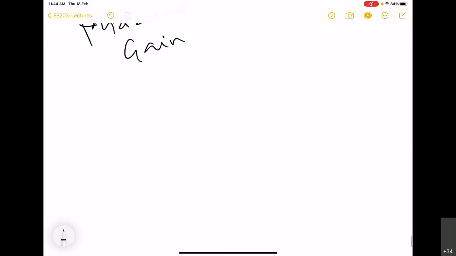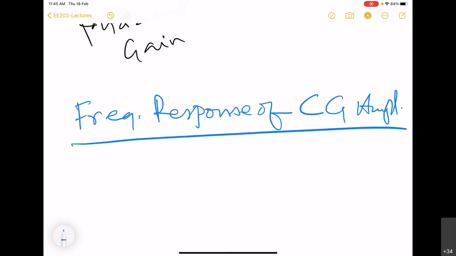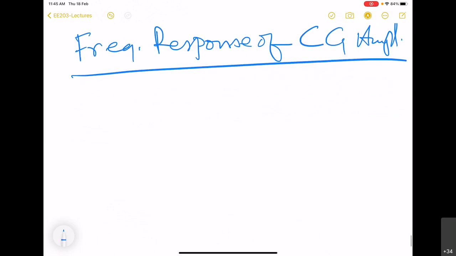Now we can see what will be the frequency response of common gate amplifier. As you saw, the exact frequency response will be decided by the circuit you are considering, that means how many resistors and capacitors are there.